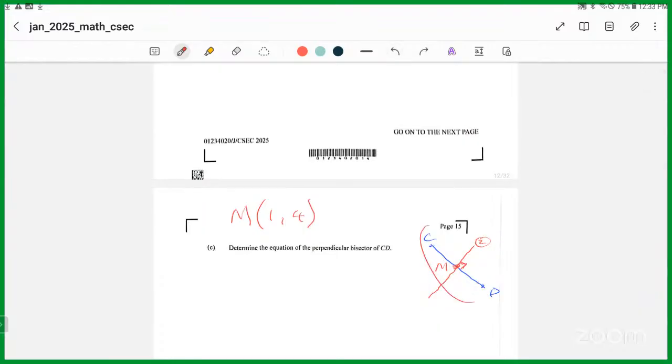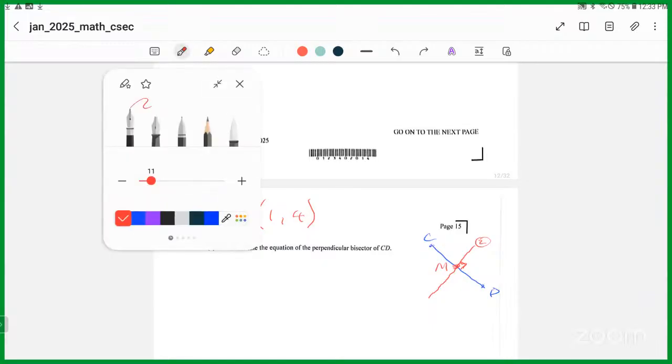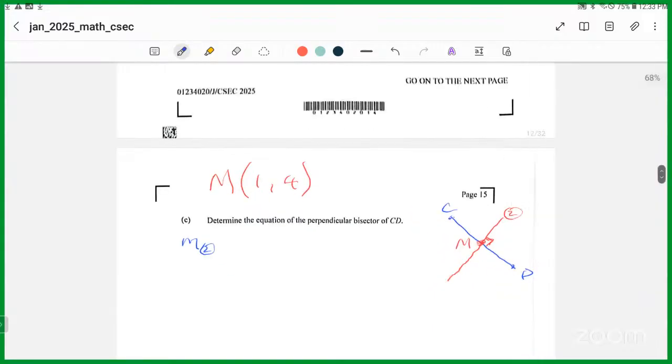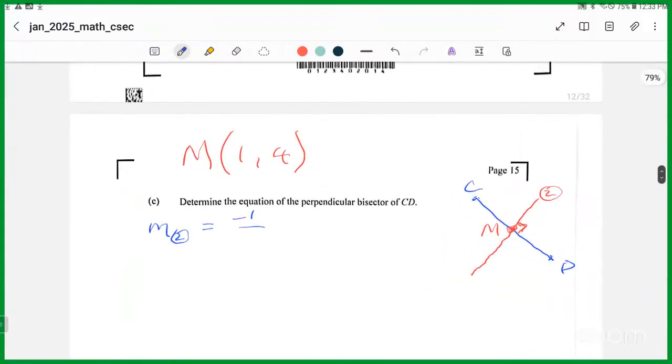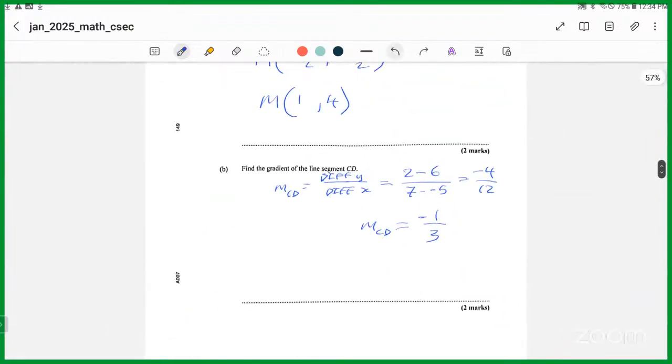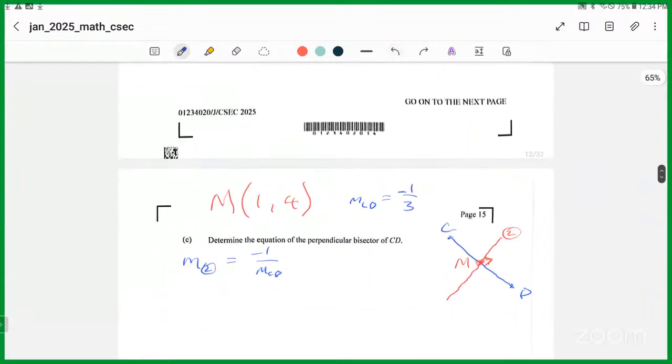And what happened now is that the gradient of this perpendicular line is the negative reciprocal of CD. So we're using this gradient. The gradient of line 2, which is our perpendicular bisector, is minus 1 over the gradient of CD, where the gradient of CD that we just found was minus a third. Alright? Minus a third, right? So we're going to have that red perpendicular bisector now.